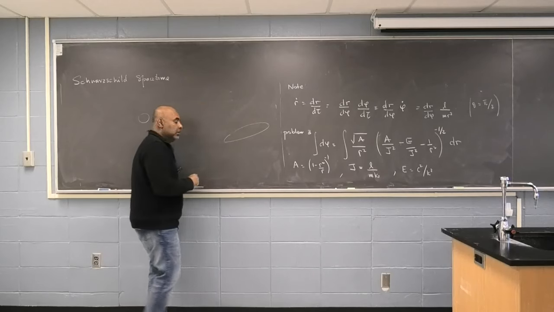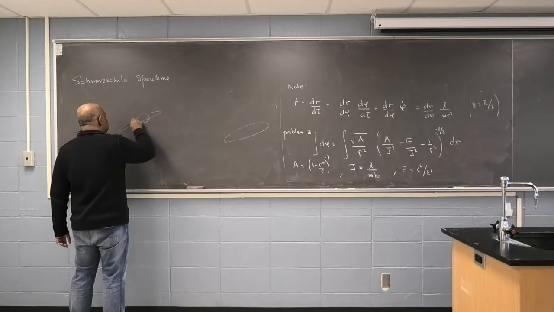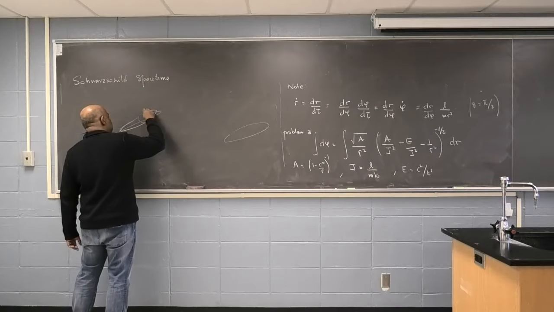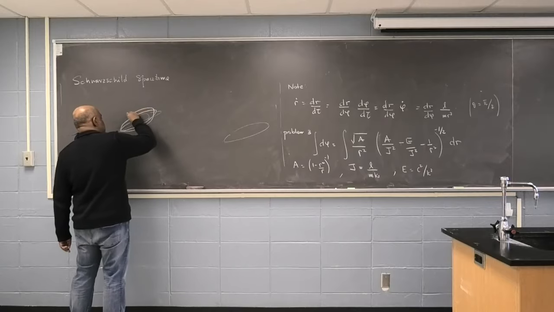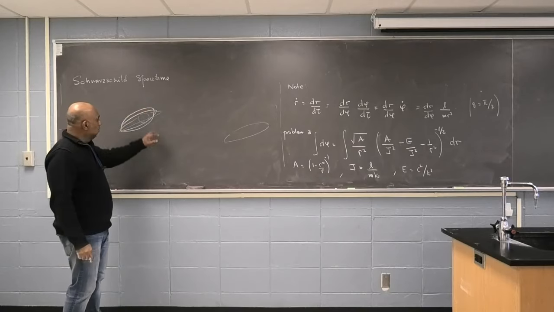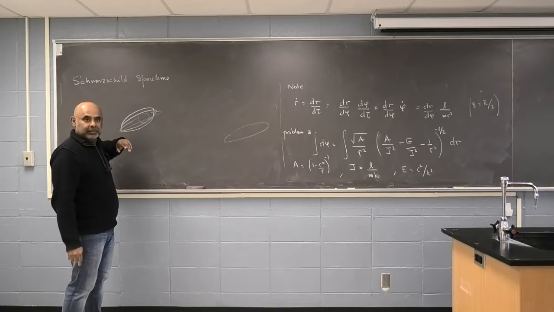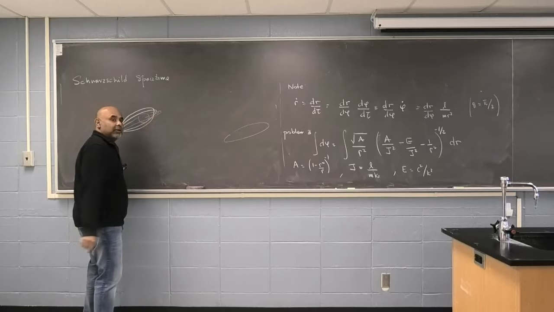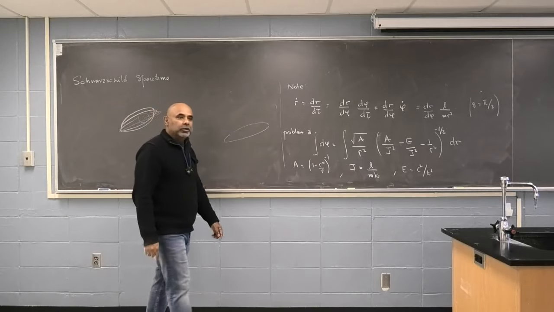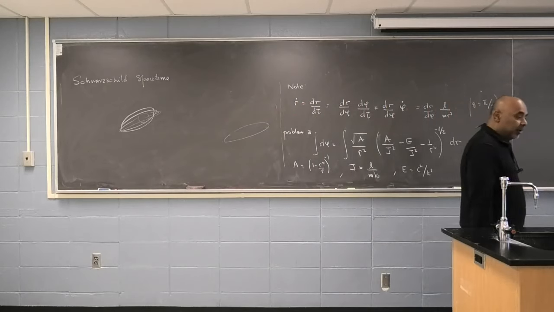But Mercury doesn't come back exactly here. This is the closest point, and that point sort of advances. The closest point to the orbit is called the perihelion. So what we do is compute the perihelion advance of Mercury.